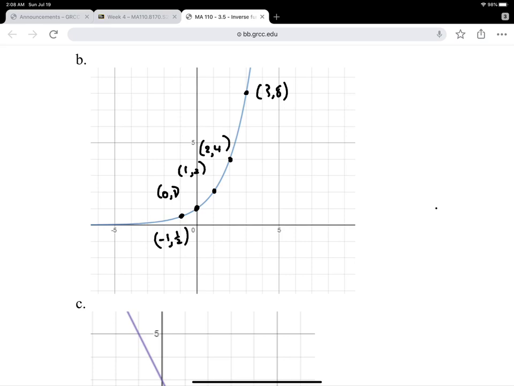Alright, so let me just draw my line, y equals x.